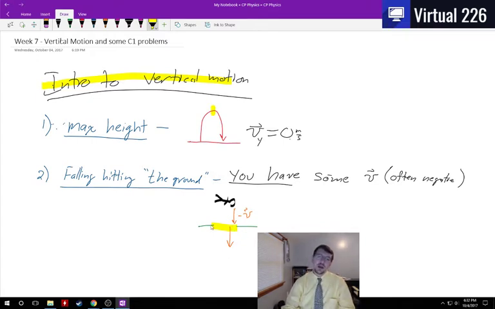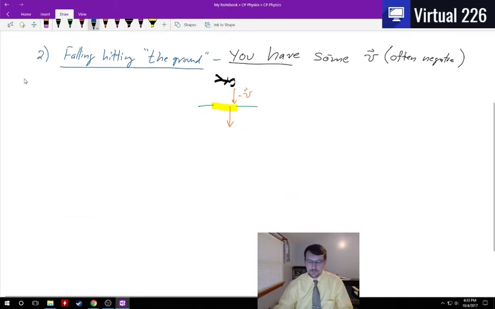Okay, so the very instant you hit the ground, you still have a velocity there. Often it's negative simply because we often choose negative to be the down direction, or the inward towards Earth direction there. Okay, so please remember that. Do not tell me that your final velocity when you hit the ground is 0. It's the easiest mistake to make. People do it all the time. It drives me nuts. Okay.